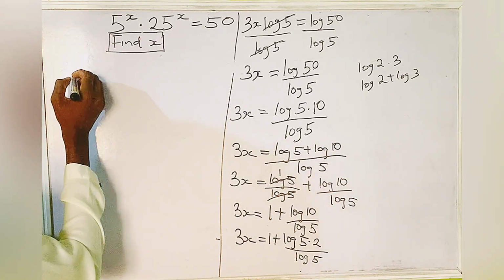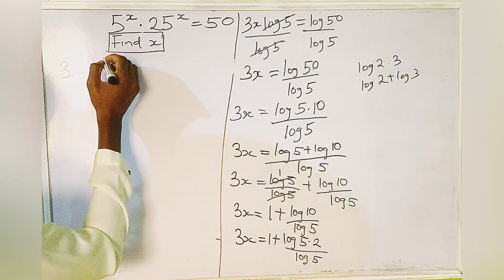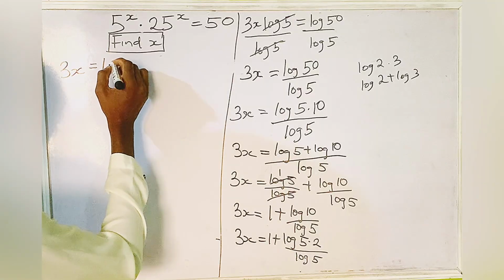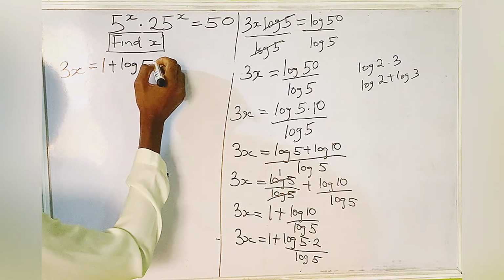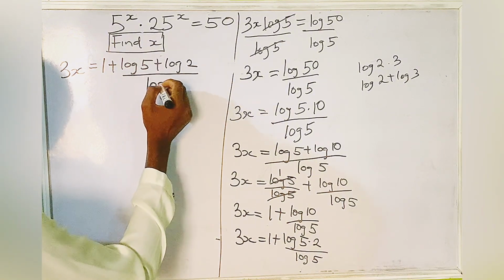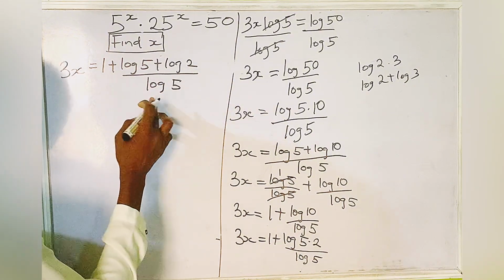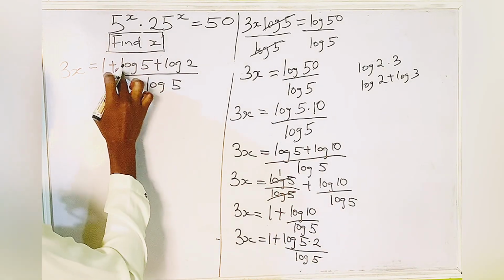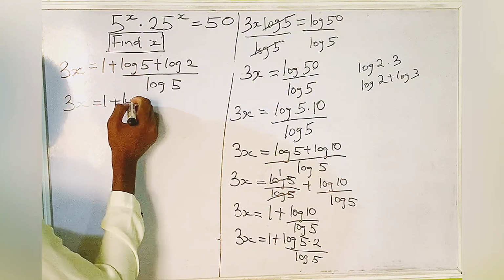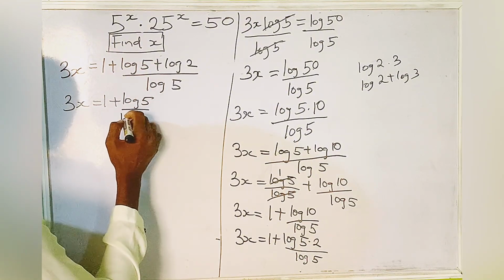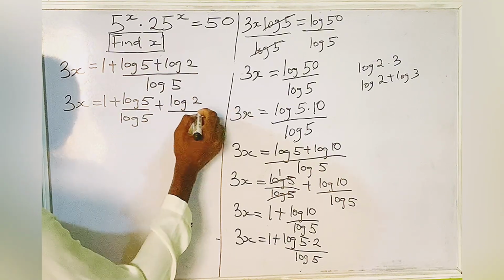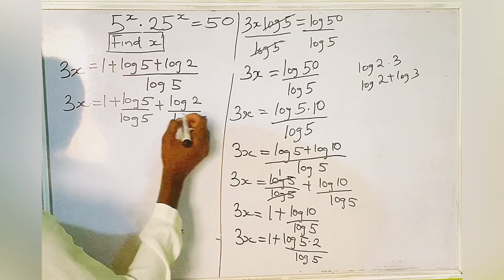This becomes log 5 plus log 2 over log 5. Like I said before, this denominator covers both terms. So we have 3x is equal to 1 plus log 5 over log 5 plus log 2 over log 5.